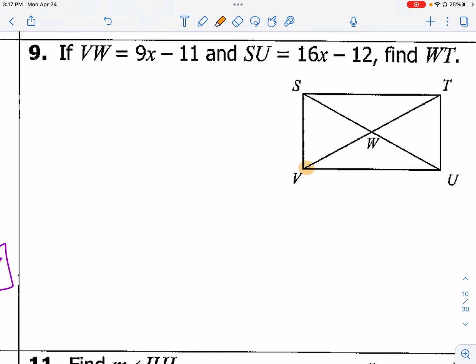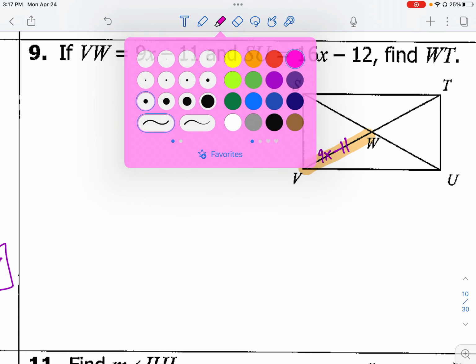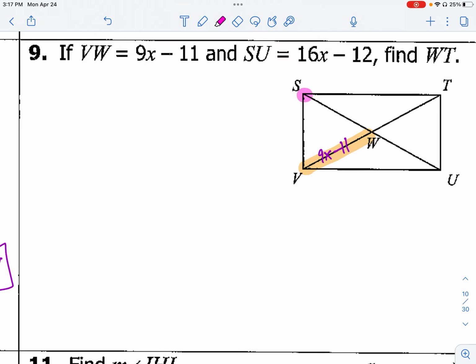All right, VW here is 9x minus 11. SU, which is this whole thing here, and that's 16x plus 12. So it's 1/2 equals a whole.